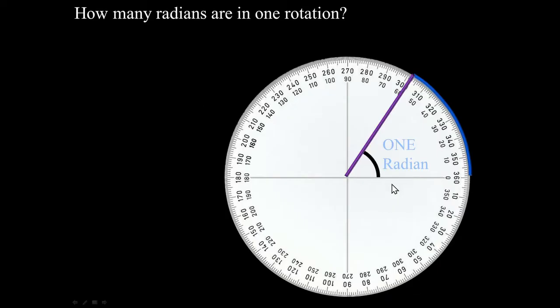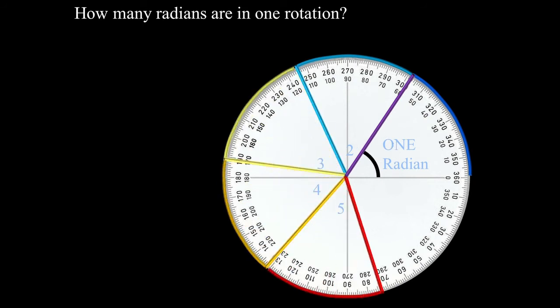So just a brief reminder about angles in radians. 1 radian is the angle where the length of the arc equals the length of the radius. So how many radians are all the way around? Well, that's 1, 2, 3, 4, 5, 6, and a little bit more.